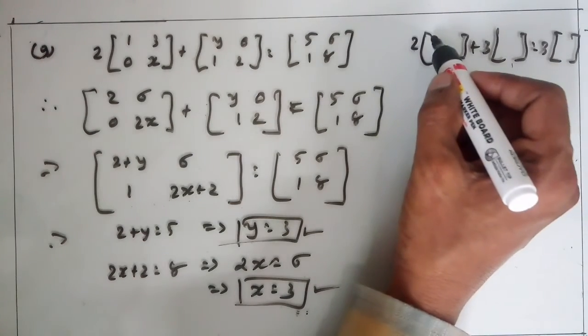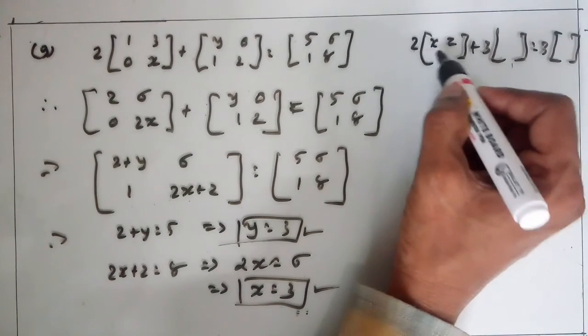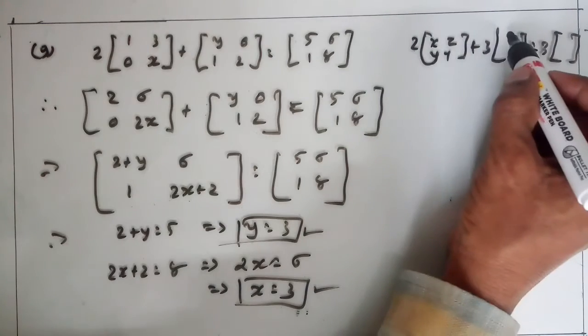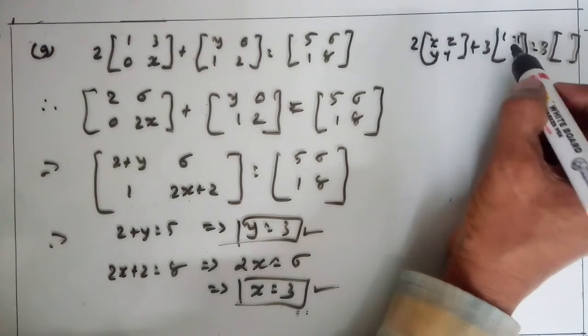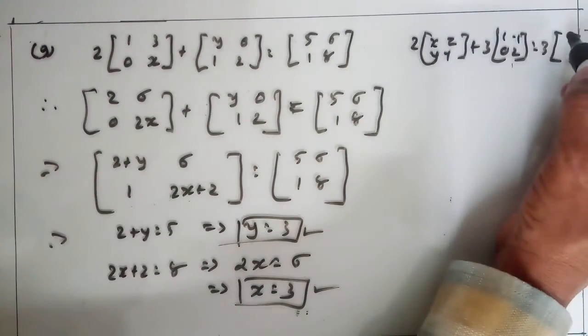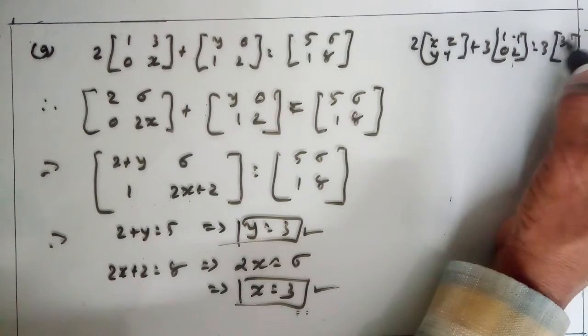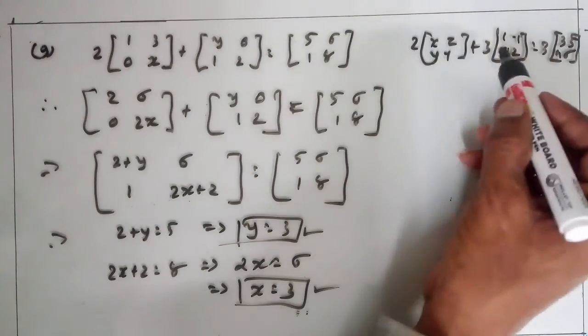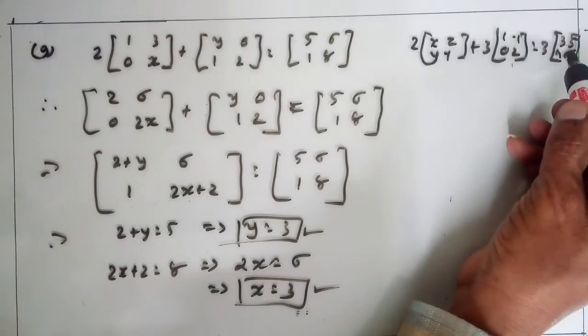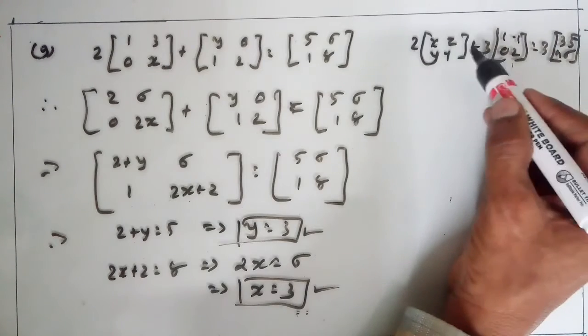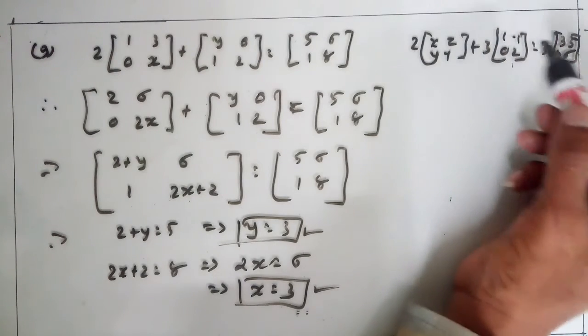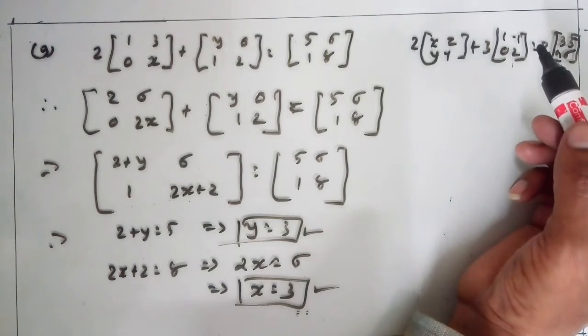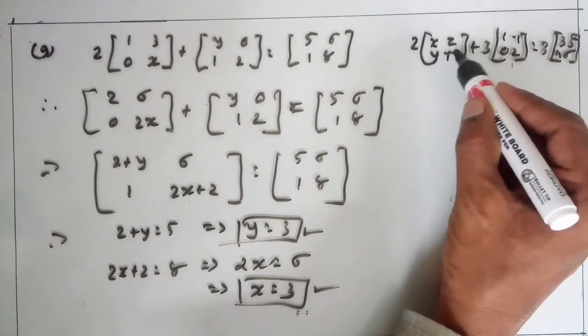Here 2 into [x y; z t], plus 3 into [1 -1; 0 2], equal to 3 into [3 5; 4 6]. You know how to solve this. Take 2 inside, take 3 inside, take the addition of these two matrices, then compare both matrices. We get x, y, z and t. This is clear.